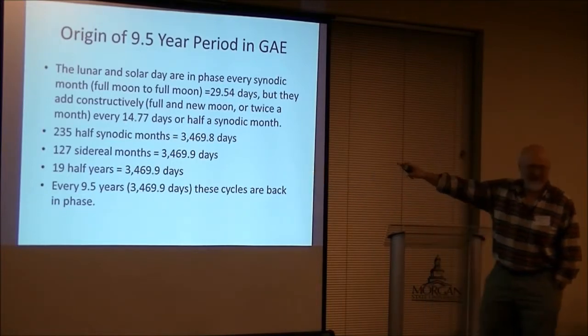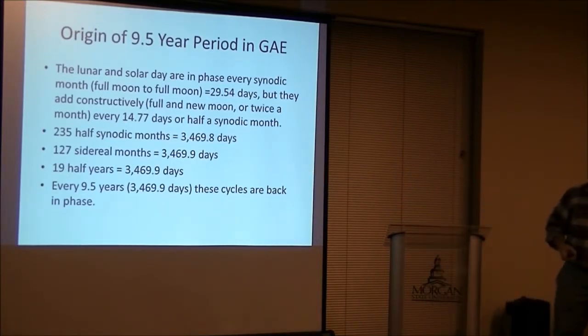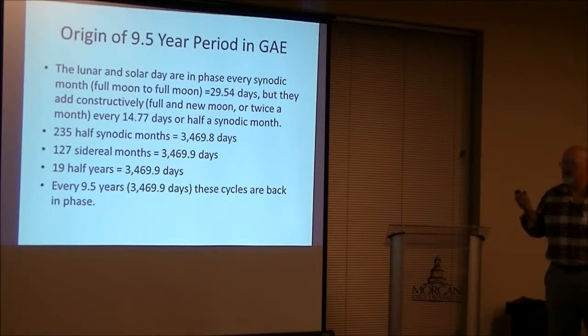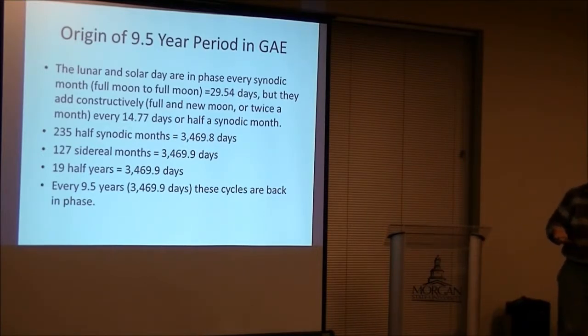If we were to look at the orientation of the sun and the moon and the earth, what would the alignment be that produces this 9.5-year cycle? It would be essentially eclipses or close eclipses at the same time of year with the same orientation in absolute space.